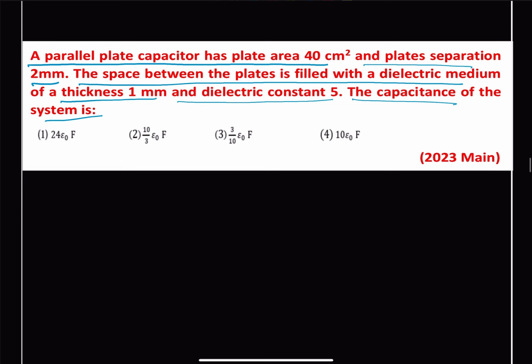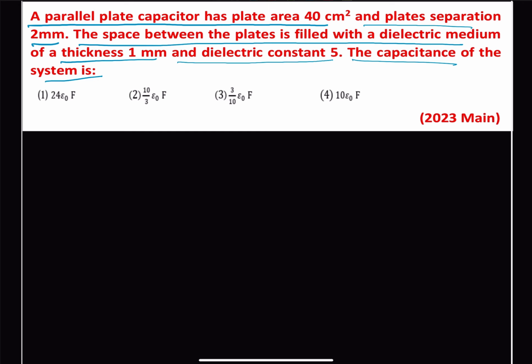So here we are having a capacitor, and the distance between the plates is given to us as 2 millimeter, and it is filled with a dielectric whose thickness is 1 millimeter. So it will be covering almost half part.